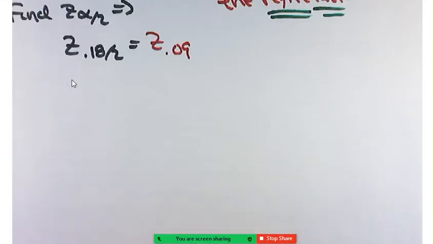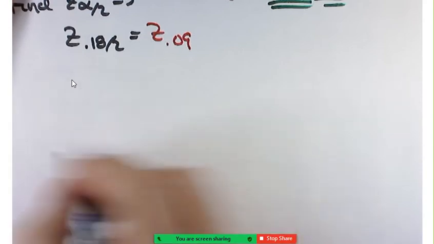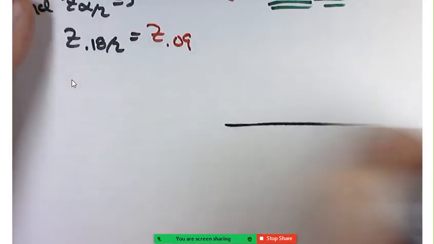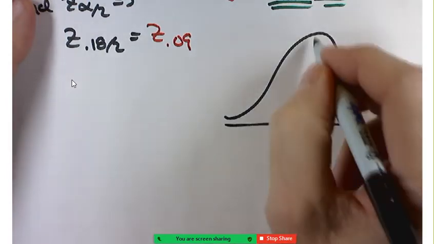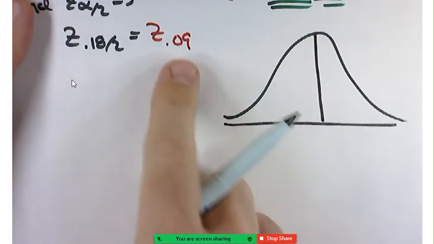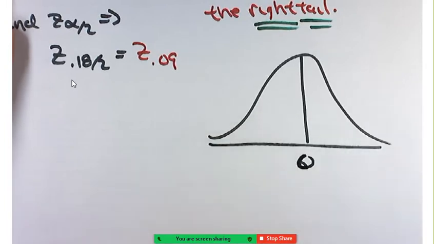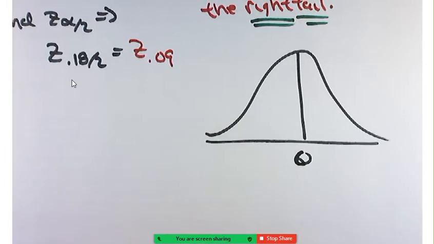Let's draw that. See what we can come up with. 0.09, that's going to be the area in the right tail. So should I draw that to the right or to the left of 0?